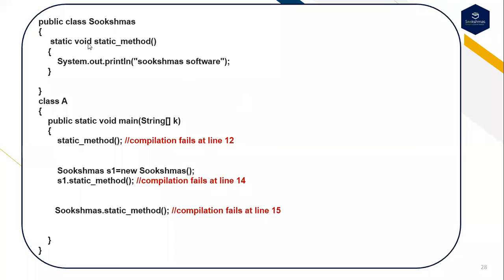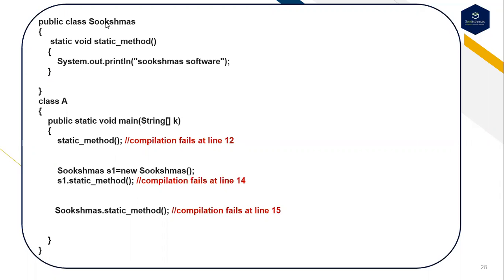This is the fourth question, public class Sukshmas. This is the static method present inside the Sukshmas. Another class we have taken, class A, and execution of the program begins from public static void main. Here I'm calling the static method present in the Sukshmas directly. The second one is creating an object for the class Sukshmas: S1 is equal to new Sukshmas, and S1 dot static method I'm calling.